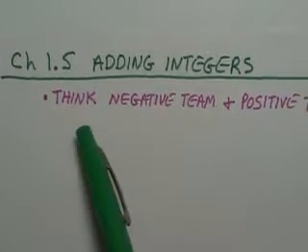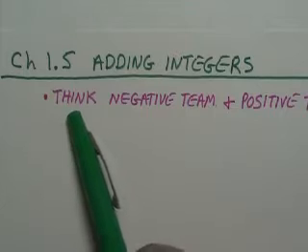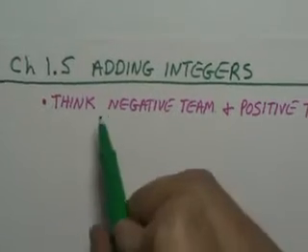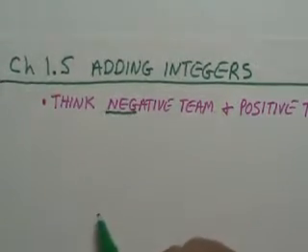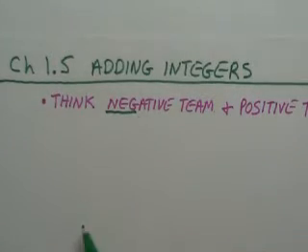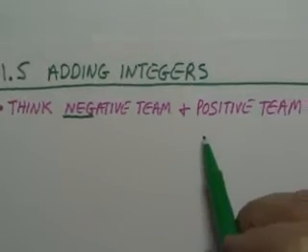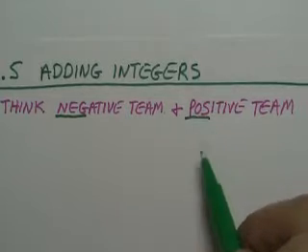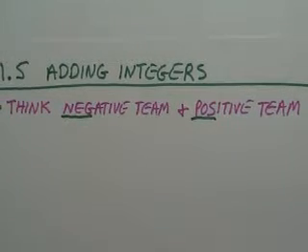Now to help you, when adding integers, what you need to do is think of a negative team. If you want to abbreviate, go ahead. And a positive team. There's a negative team and a positive team.